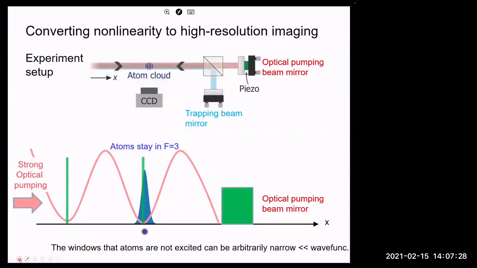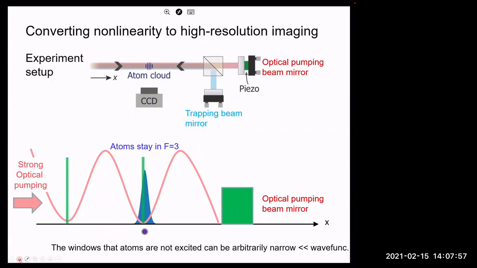Unless atoms are exactly at the node. Okay, unless atoms are exactly at the node, there's no photon, there's nothing. The atom will not be excited. So essentially, you can imagine this window behaves like a probe into the position of the atoms. Okay, and that probe has an arbitrarily narrow window, no longer limited by the wavelength.